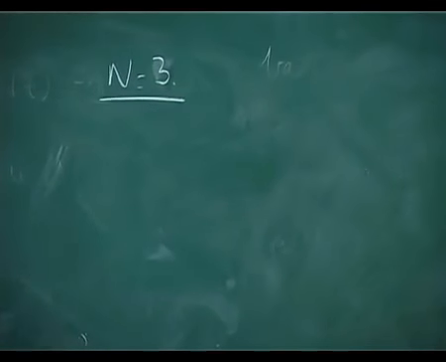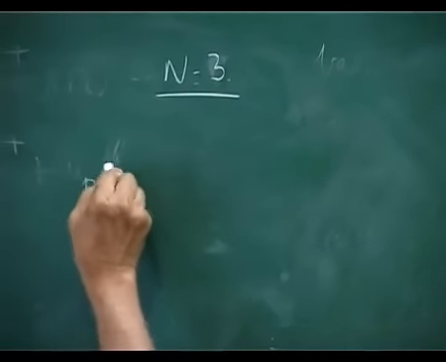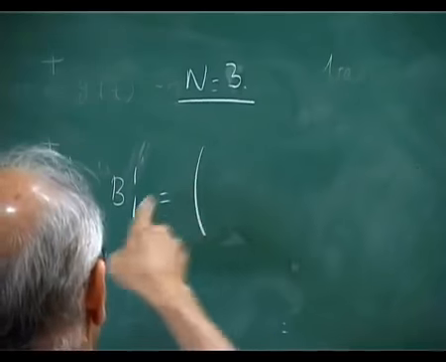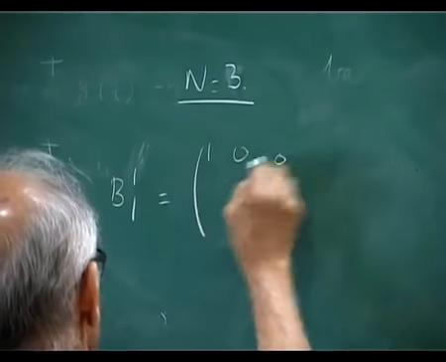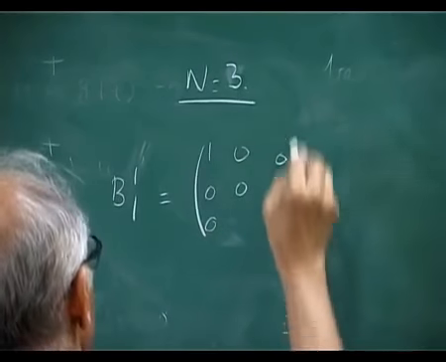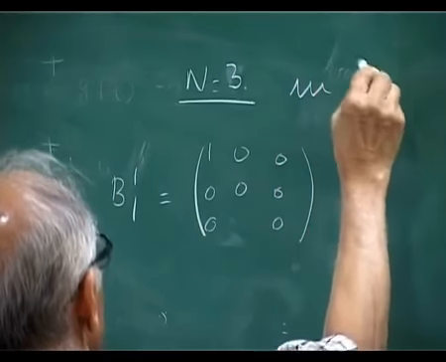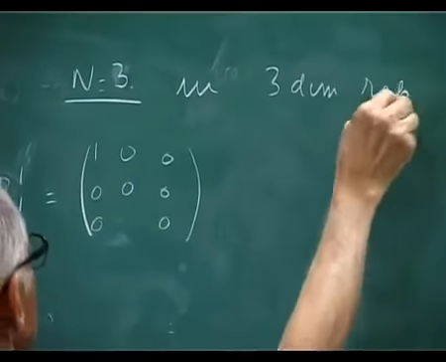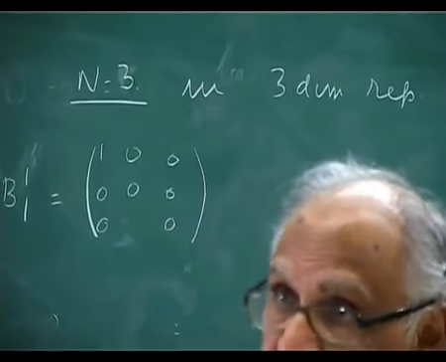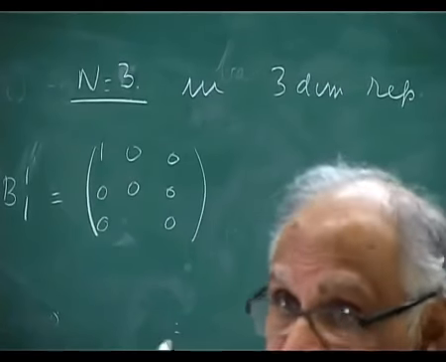Okay. I can write B11. Okay. It is A11, in 3-dimensional representation as 3x3 matrices, but in general representation they won't look like this.